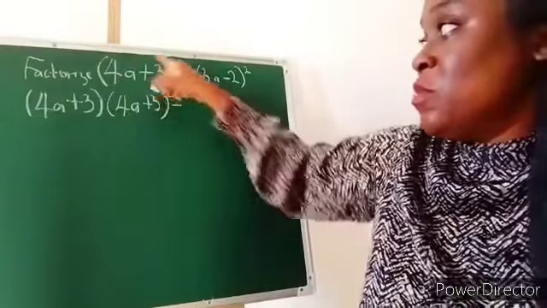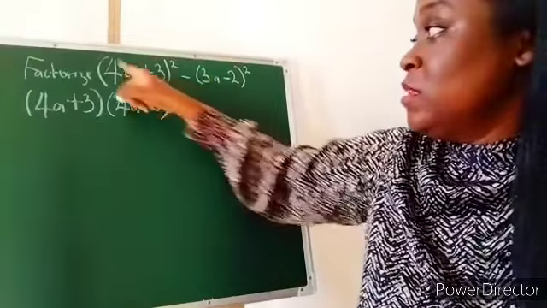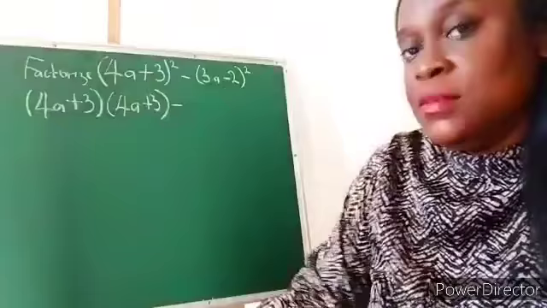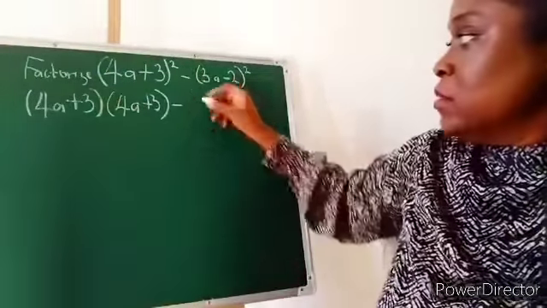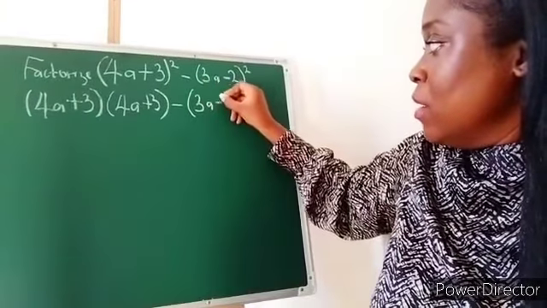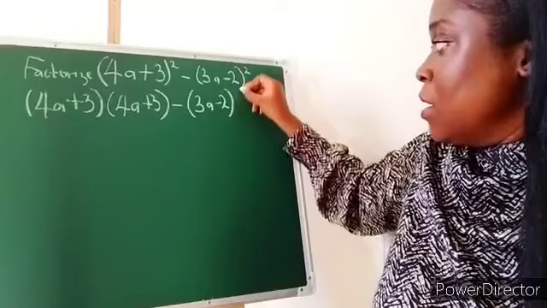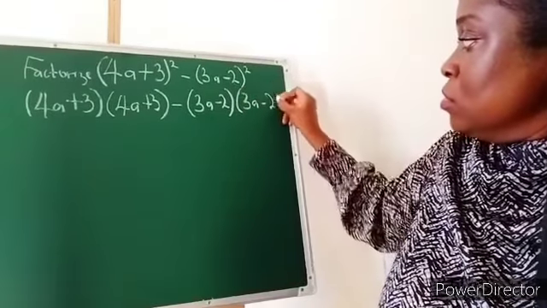You know say as they put the bracket, come put small 2 wey dey up, e mean say this bracket na 2 times wey e dey. This one times this one na e dey. Minus another one, 3a minus 2. Another bracket, 3a minus 2.